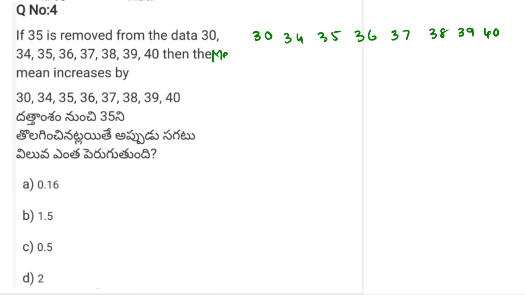Mean equal to sum of observations by number of observations. We need to add all these and then divide by how many numbers we have: 1, 2, 3, 4, 5, 6, 7, 8. So 8 numbers we have. So this is the mean of the original numbers.